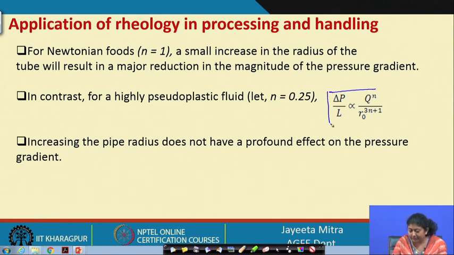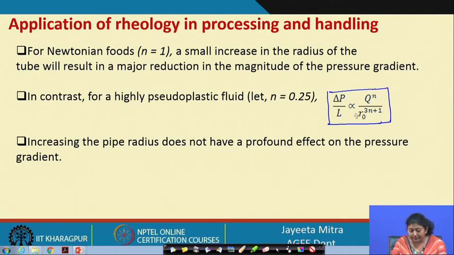So, delta P by L, that is pressure drop across a length, or we can take unit length, will be proportional to Q to the power n, where Q is the volumetric flow rate, n is the flow behavior index, by R0 to the power 3n plus 1.